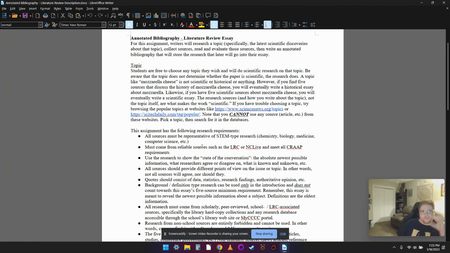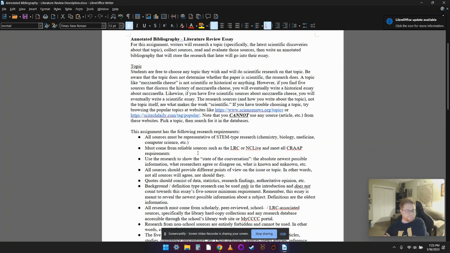But I just wanted to go over bit by bit what we're actually doing. We're going to find the sources for our literature review project. First, choose any topic that we want. The biggest thing that people get stuck on in choosing a topic for this kind of project is that they get hung up on the idea that this is a science type paper.